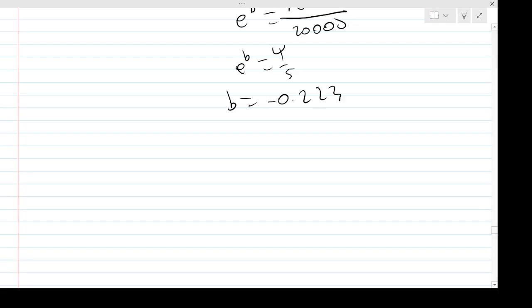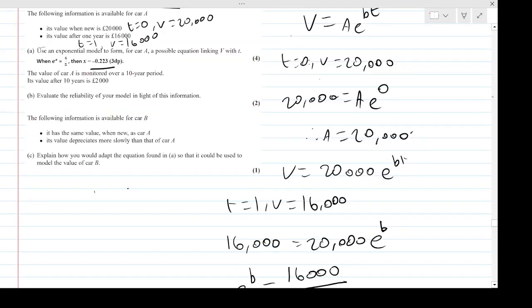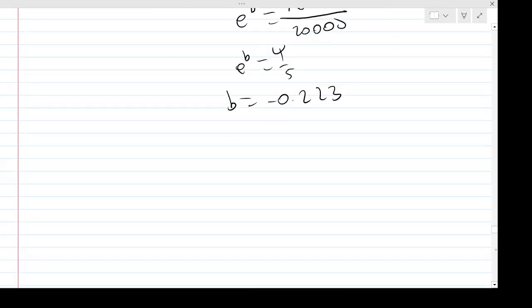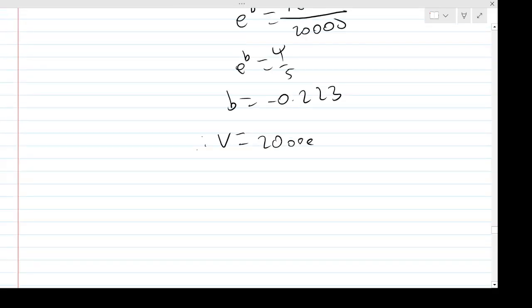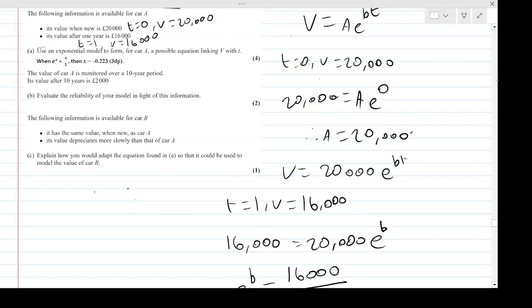We will look at solving that later on in the chapter, but for now, that's the solution, which means that v is going to be 20,000 e to the negative 0.223t. You can do the rest of the question though, so no worries about that.